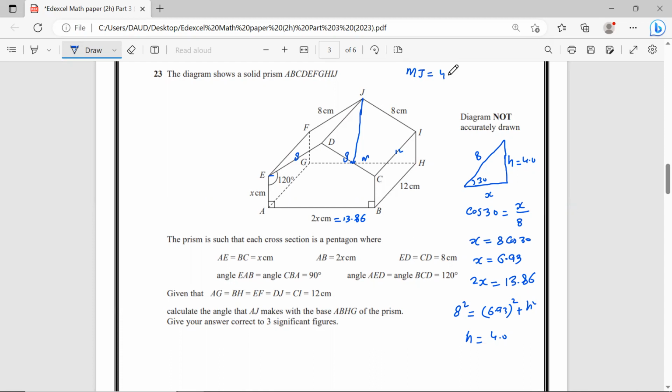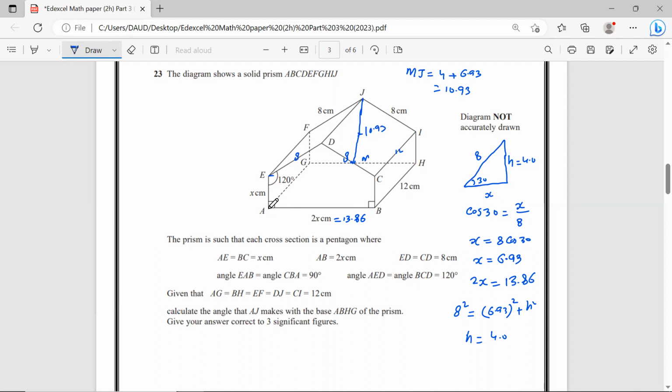MJ is equal to 4 plus that x, still here is x, okay? So that is, we found it here, 6.93, means 10.93. This is 10.93.